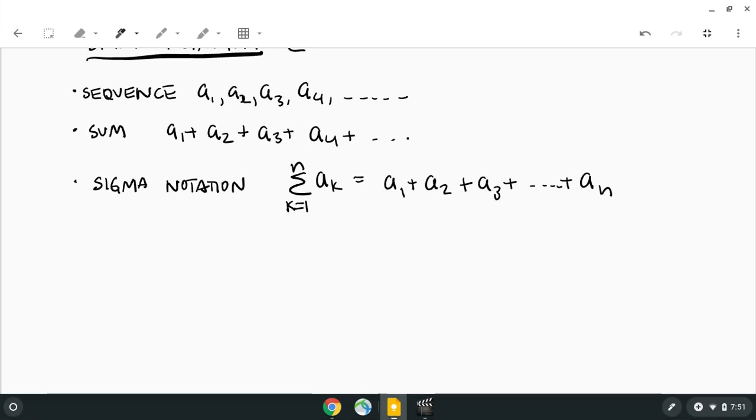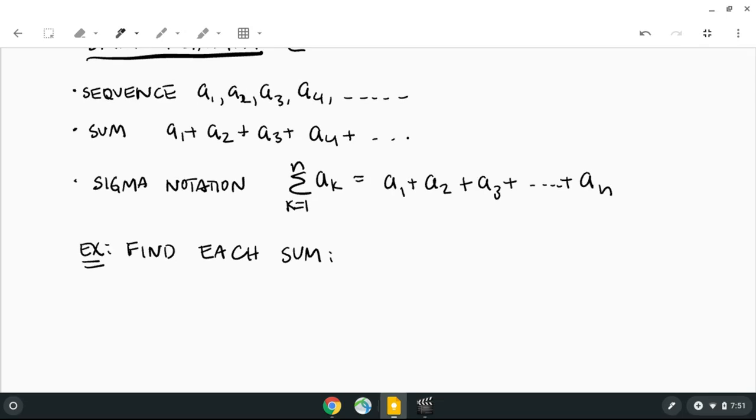It could be 100. It could be 3. All right, let's try some. Find each sum. Okay, so we'll do a few.